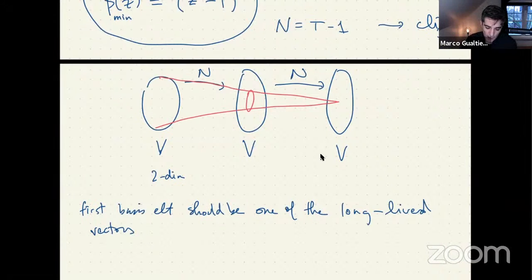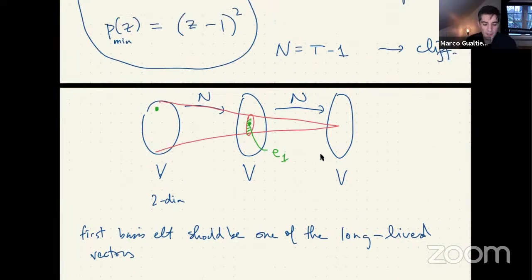That means I want to pick something in here, but which does not lie inside the eigenspace. E1 is right in here because it's killed by N on just one application. It's an eigenvector.